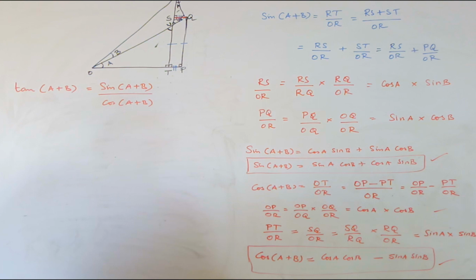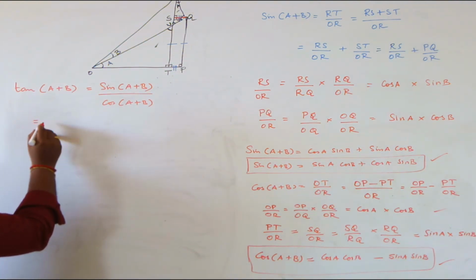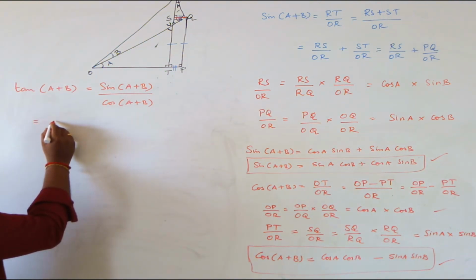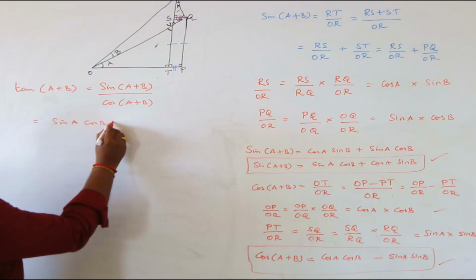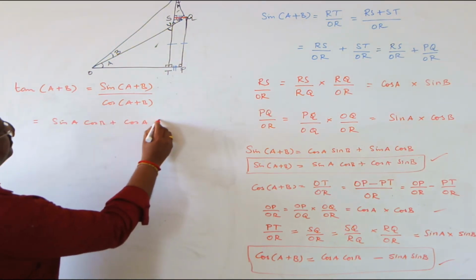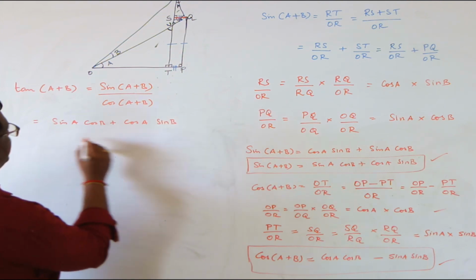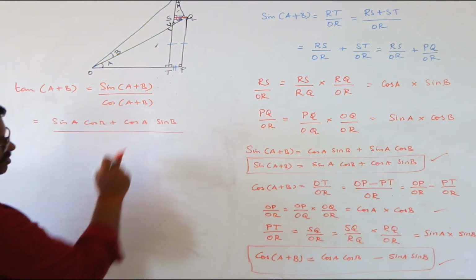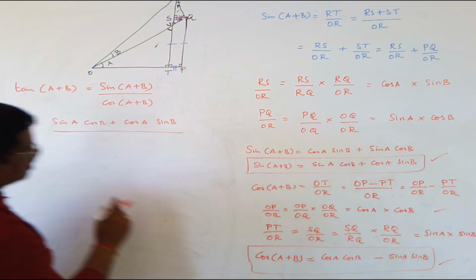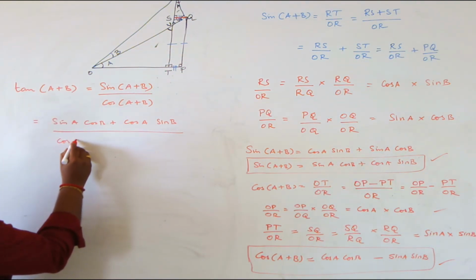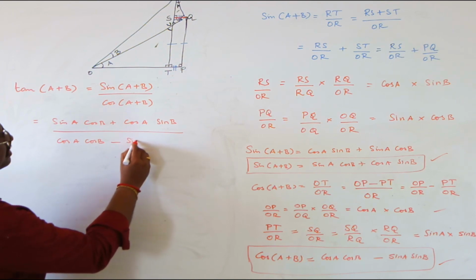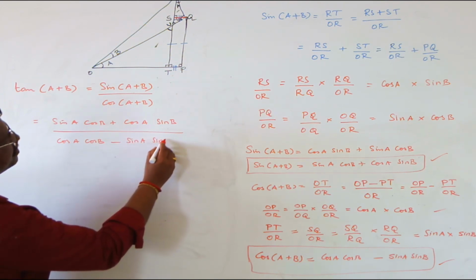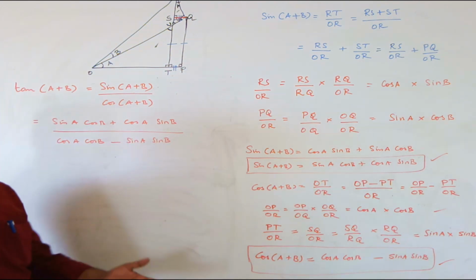So, substitute the value of sin of A plus B. Here sin of A plus B value we already got, that is sin A cos B plus cos A sin B, divided by cos of A plus B value, that is also got here, that is cos A cos B minus sin A sin B. No confusion.